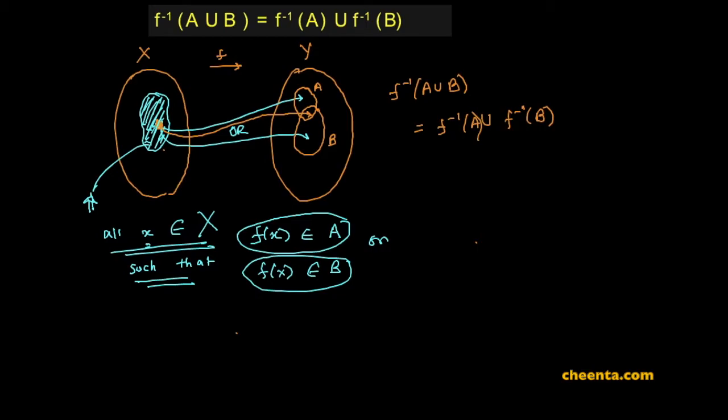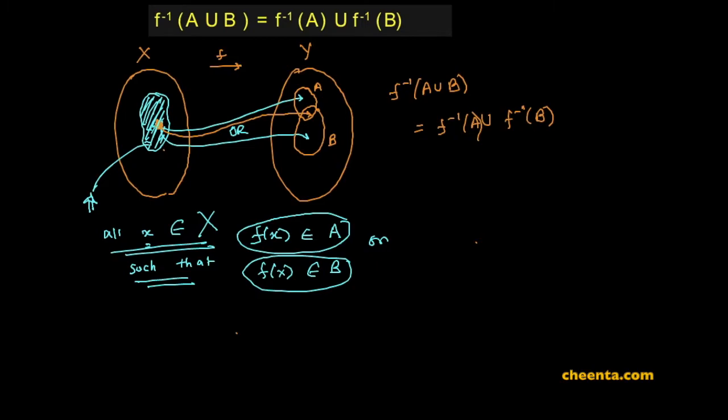Now we want to show that F inverse A union B is equal to F inverse A union F inverse B. Now whenever we are dealing with equivalence of two sets, and that's what you have to realize down here, we have two sets on both sides of this equation. Whenever we are dealing with equivalence of two sets, one way to go about it is the following.